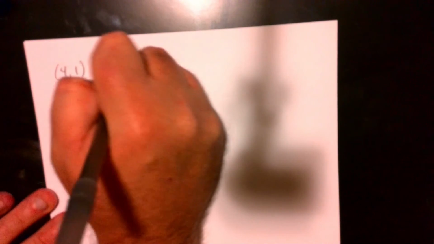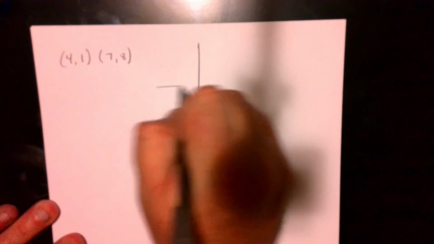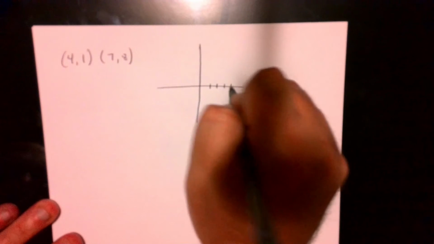Now what happens if they do this to you? And they give you a point and another point. And they say, I want to find the slope of just the distance between these 2 points. Okay, well I could make a graph, right? I could do that again. And I could graph the ordered pair 4, 1, which means go right 4 and go up 1.